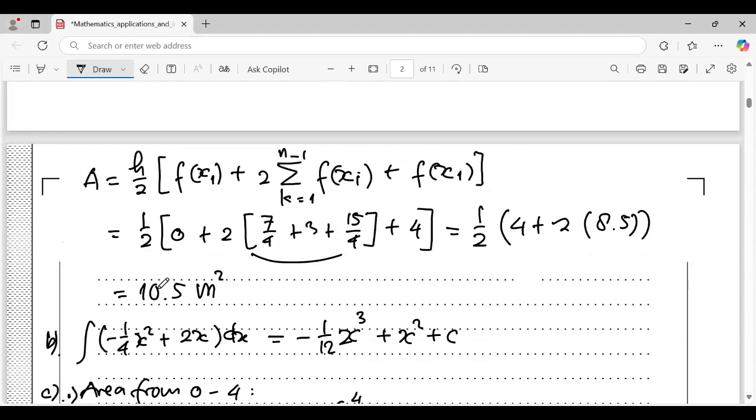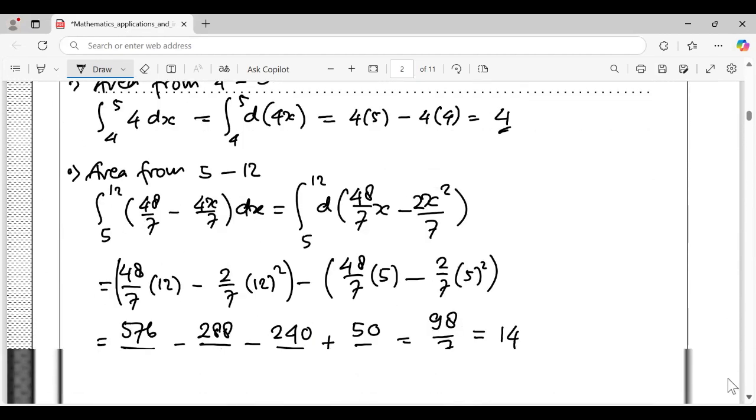The area from 0 to 4 is 10.5 square meters.